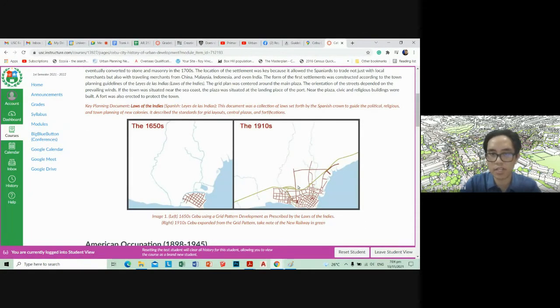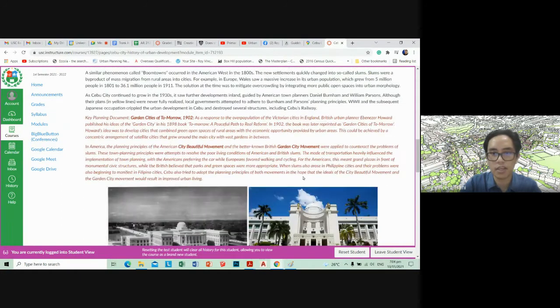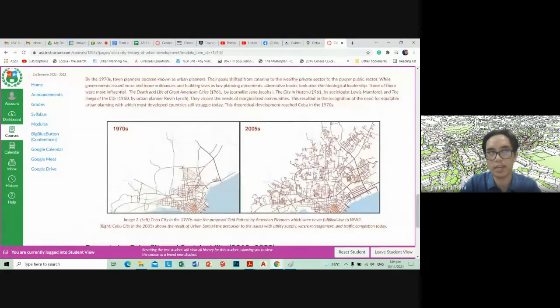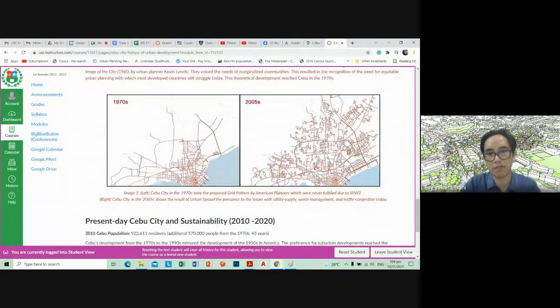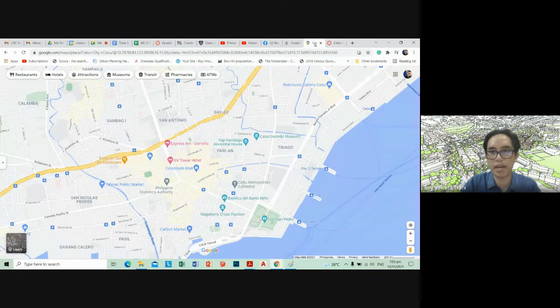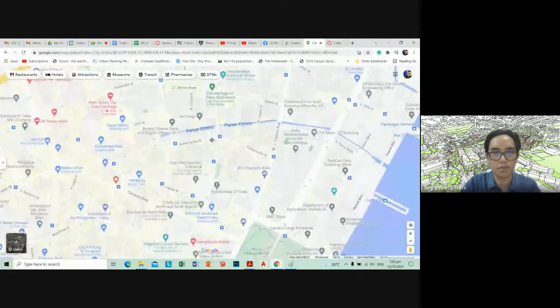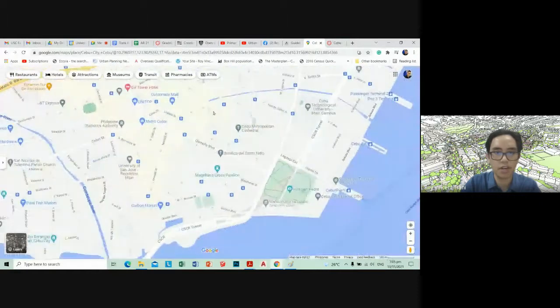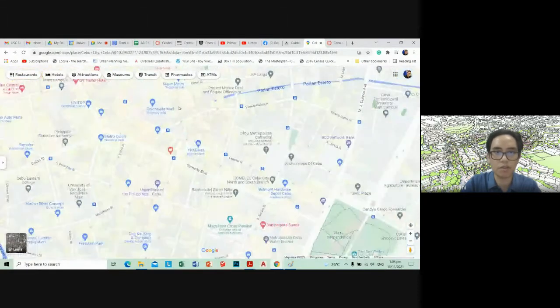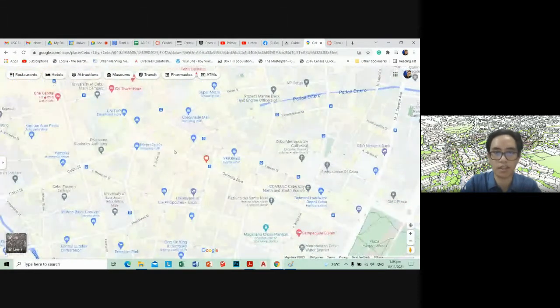And then when the train station was demolished, it became closer to a multiple nuclei model. So we have the original core here, the original business district. During the 1600s, it would have been bounded by this river over here, the Parian Estero, basically the Parian River, which is now built up and covered by like malls and like the Colon area.